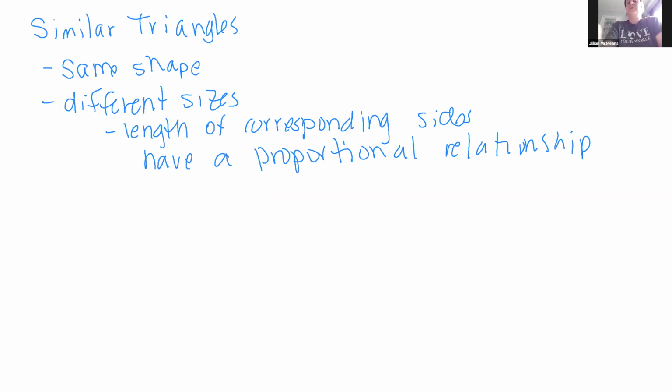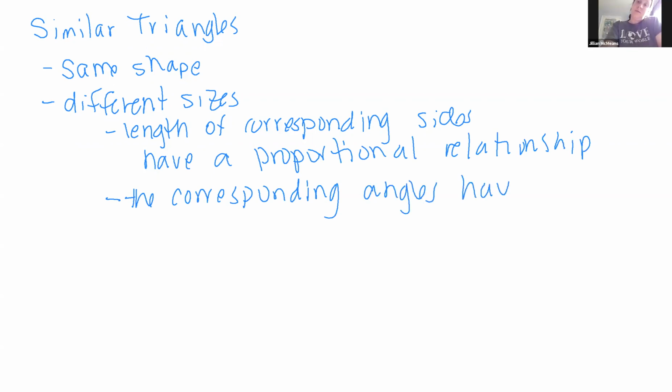And then what's interesting, because these are the same shape, the corresponding angles have the same measure. So they're different sizes, so the lengths of the sides are going to have a proportional relationship, but the corresponding angles are actually going to be exactly the same. So let's look at an example of that.